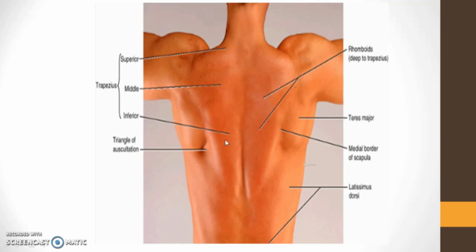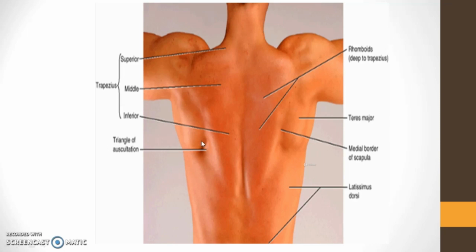So this whole thing is the trapezius muscle, and the lateral border of trapezius forms the medial boundary of this triangle of auscultation, and the lateral boundary is formed by the vertebral border of scapula, and some part of rhomboides major also will be related.